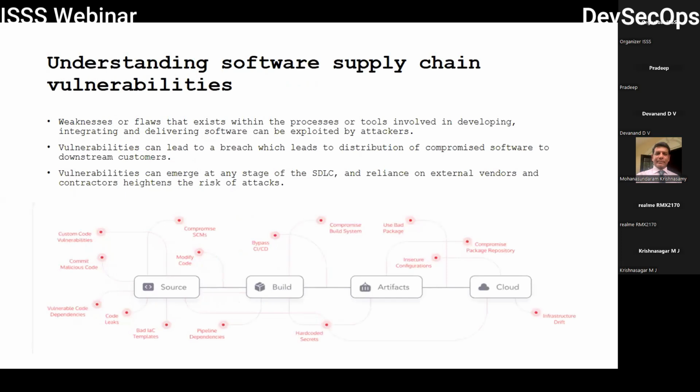So how do you understand software supply chain vulnerabilities? Any weakness or flaw that exists within the processes or tools involved in developing, integrating, and delivering the software can always be exploited by attackers.